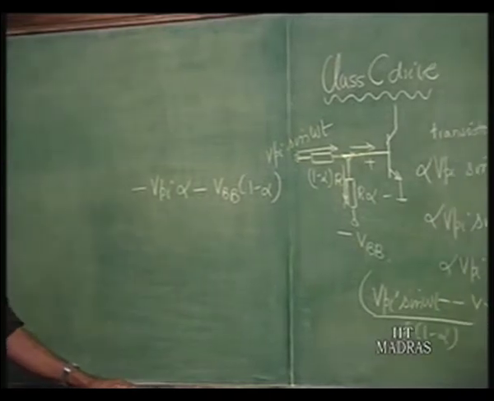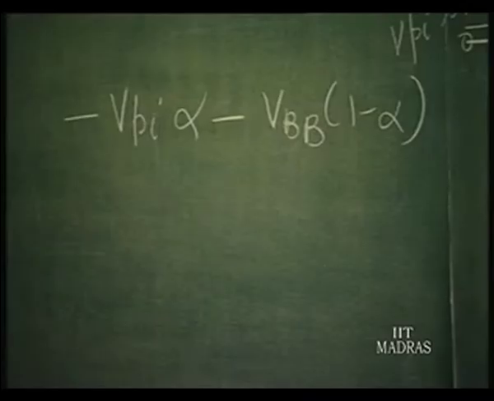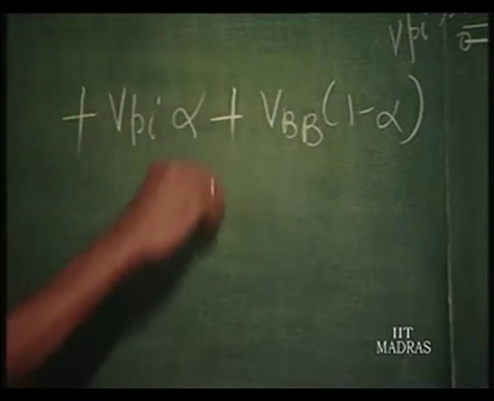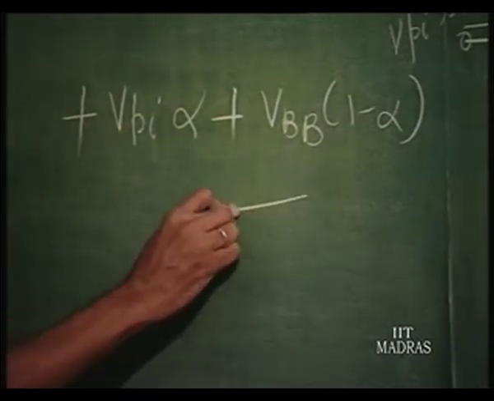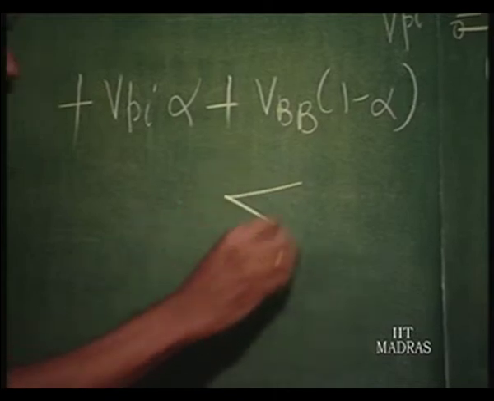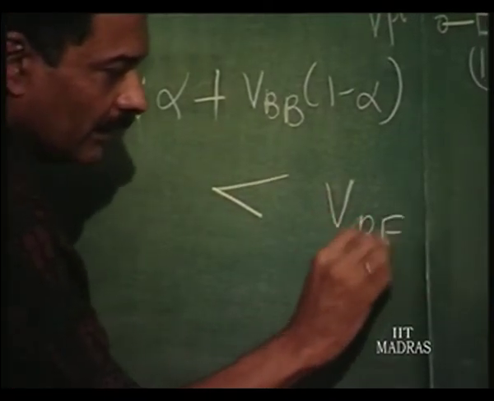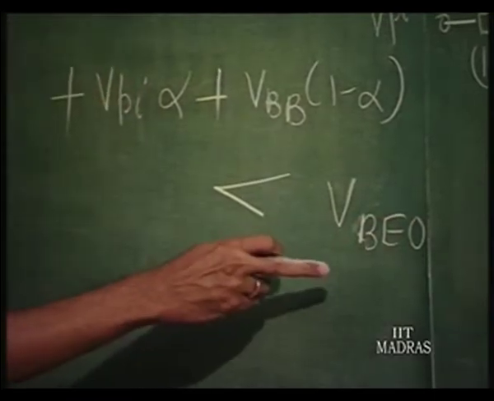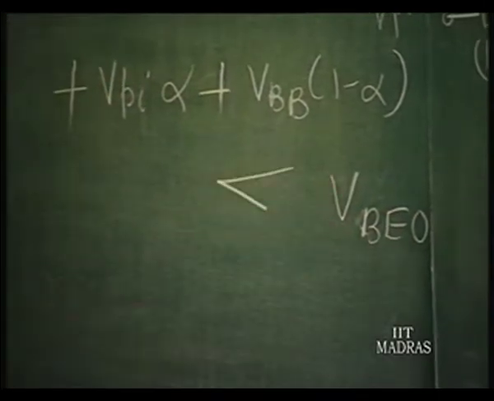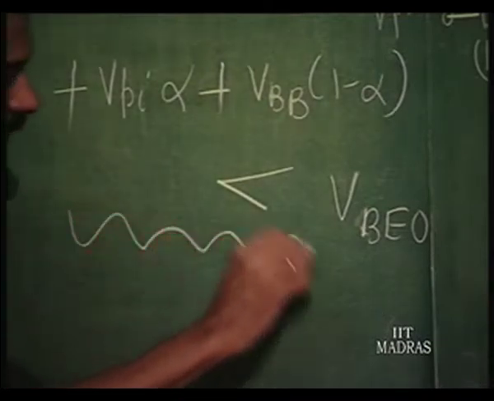Then the transistor is not at all conducting. That negative voltage should not be causing breakdown of the base emitter junction. That means this voltage should be less than VBEO. This is called the breakdown voltage with collector open, VBEO rating of the transistor. This is an important requirement.